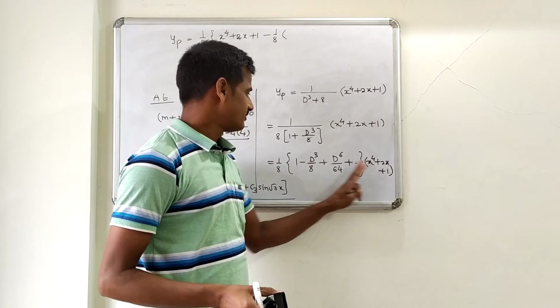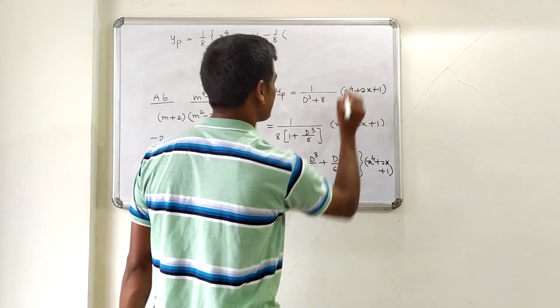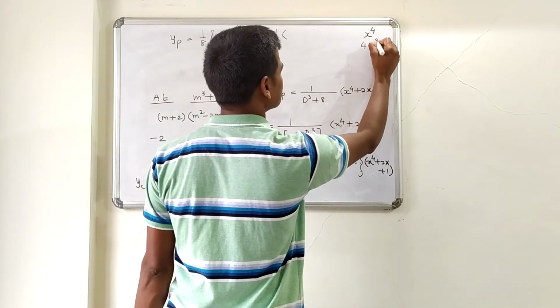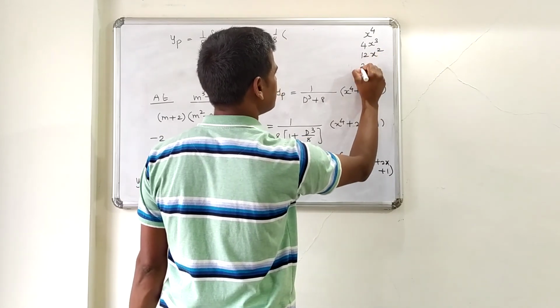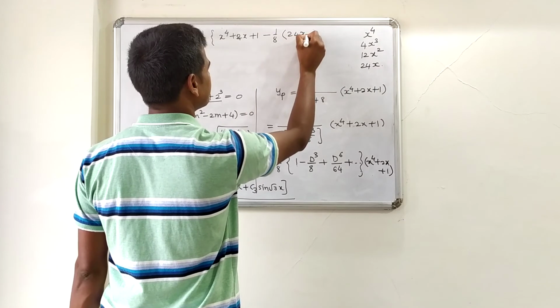Now for 2x the third derivative is 0, for 1 the third derivative is 0. Now what is the third derivative of x raised to power 4? The first derivative is 4x cube. The second derivative is 12x square. And the third derivative is 24x. So I will write here 24x.